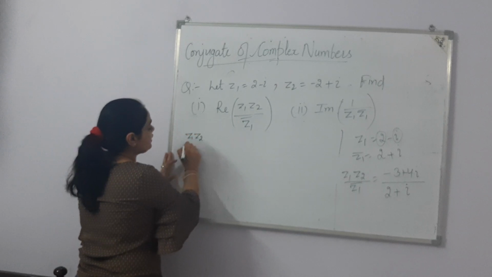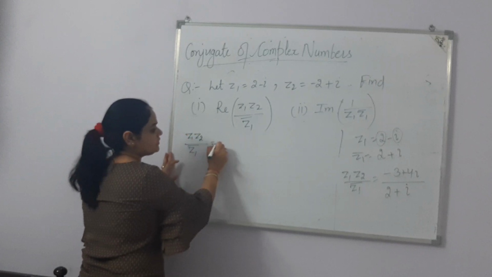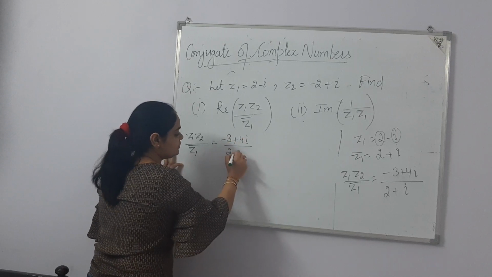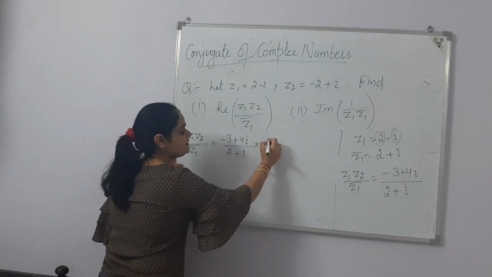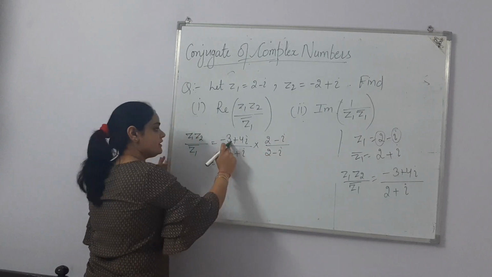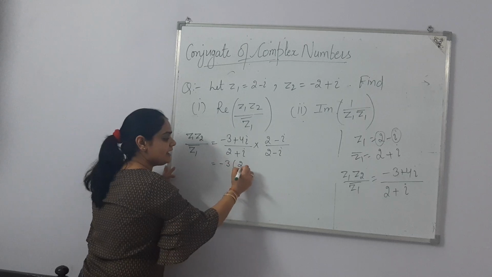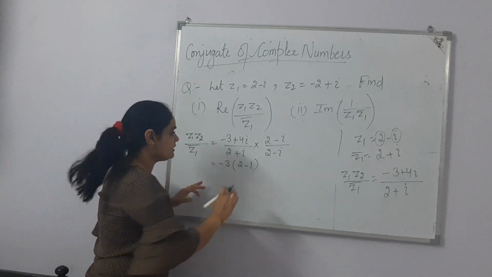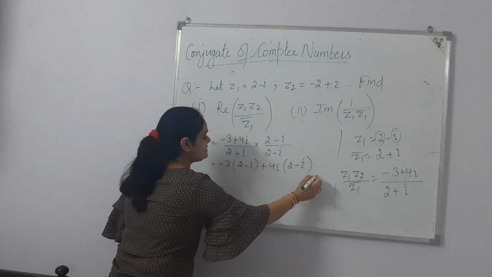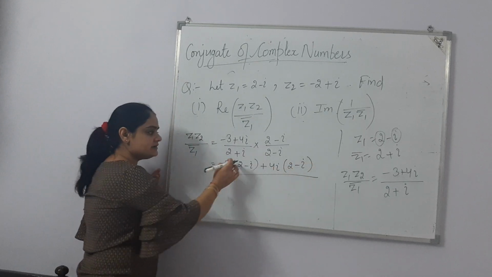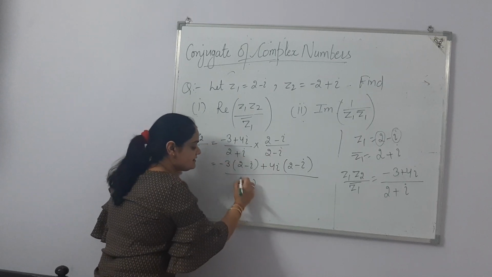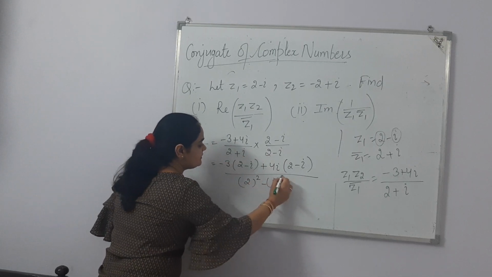z1 z2 upon z1's conjugate is equal to minus 3 plus 4 iota upon 2 plus iota, and we'll rationalize the denominator. It becomes 2 minus iota upon 2 minus iota. First of all, minus 3 will multiply 2 minus iota and 4 iota will multiply 2 minus iota, and in the denominator the formula will be applicable, a plus b, a minus b, it is a square minus b square.